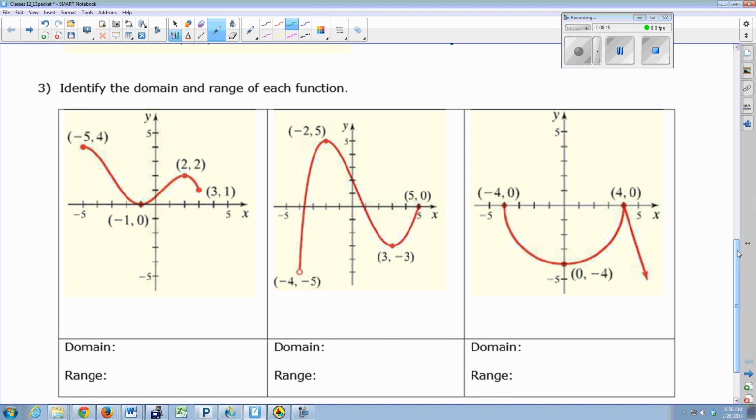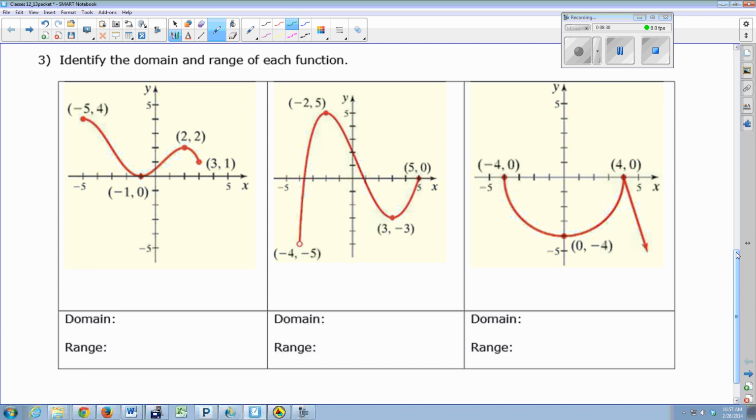Okay, well, pretty quickly. So let's take a look here. So table number 2, you were responsible for the domain and range of this graph here. So what did you get for your domain, Cooper?